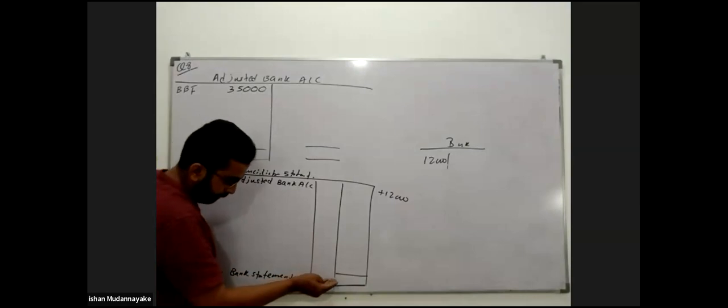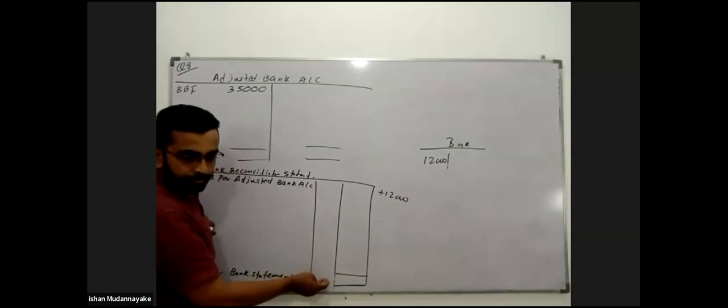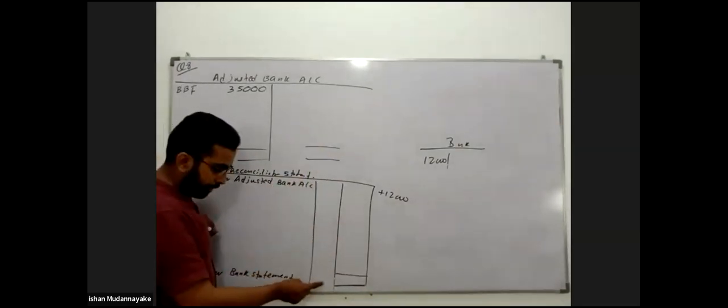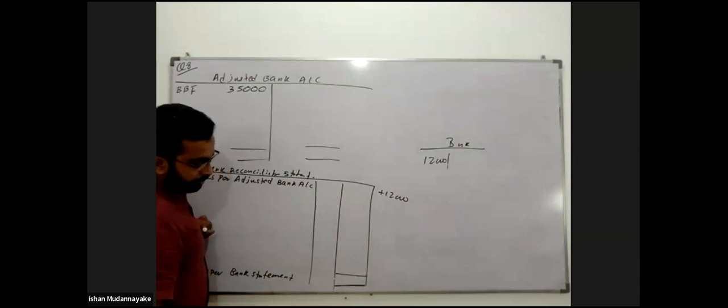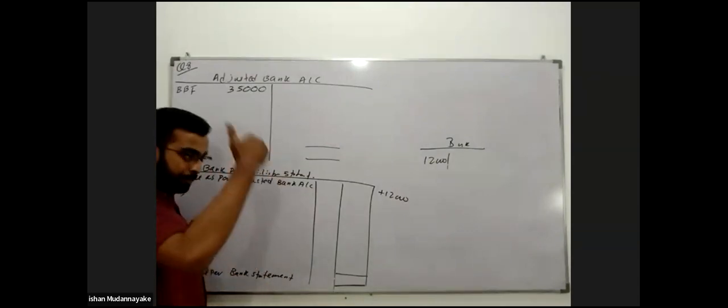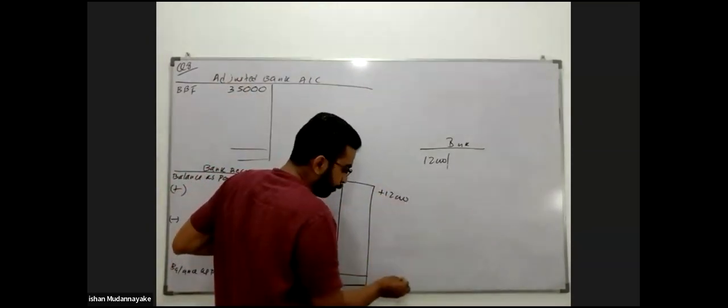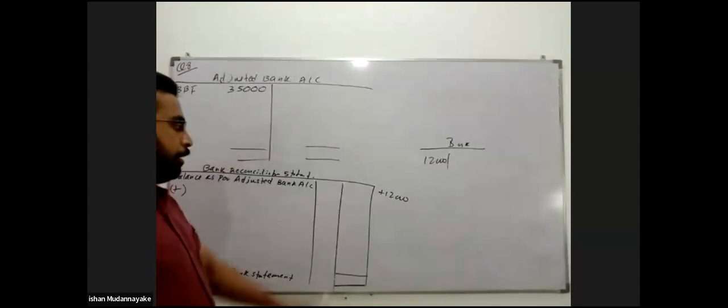Here, in this line, you can mention balance as per the bank statement, that bank statement prepared by the commercial bank. But in your bank account, you have recorded 12,000, but still the bank has not recorded the 12,000 check.